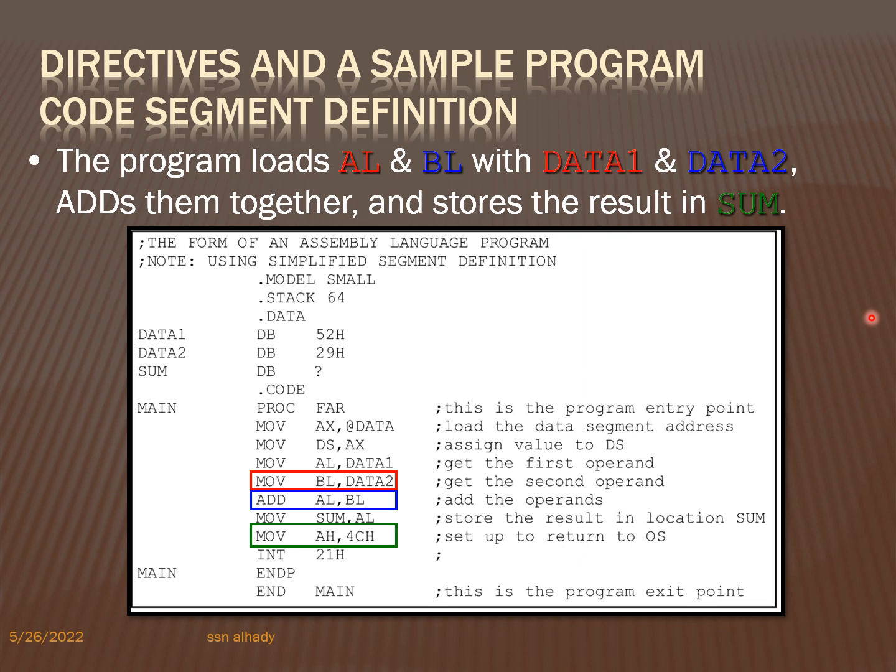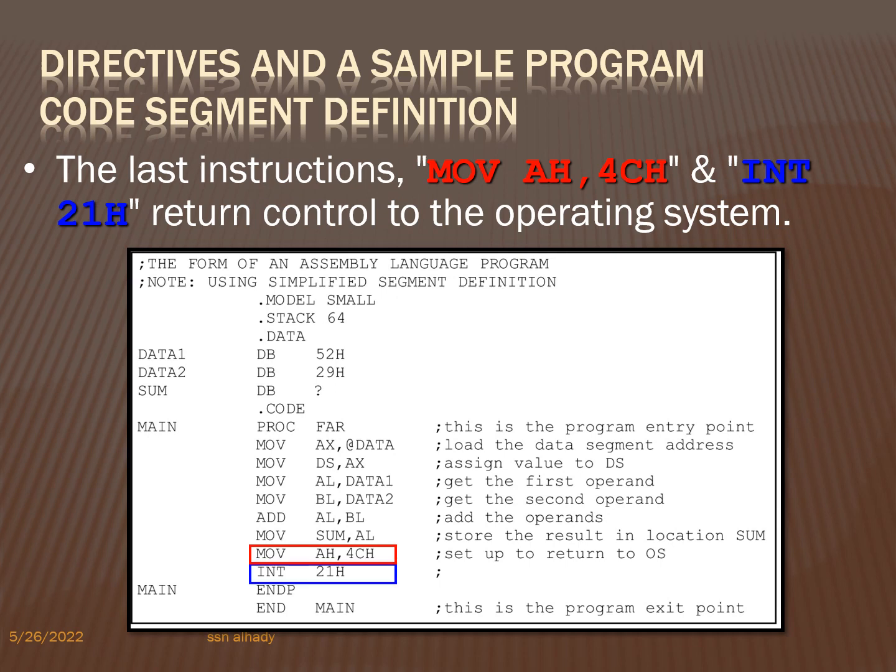Some of it is optional, for example the procedure and even the model also. If you don't put it, by default it will be determined by the processor. The last instruction, move AX, 4CH and interrupt 21, returns control to the operating system.